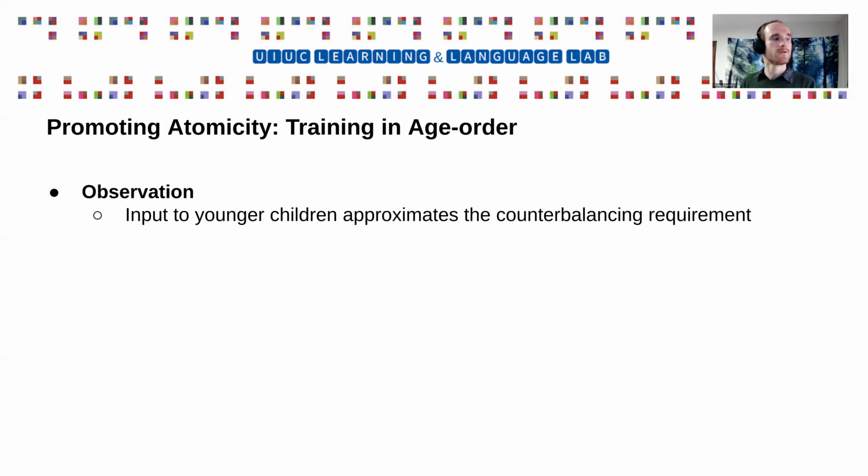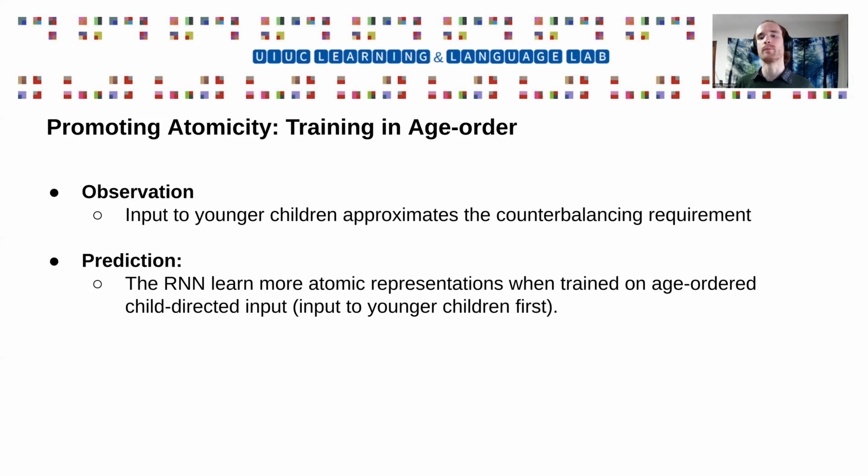This is speculative, but let's look at these results. So the prediction is that the RNN learns more atomic representations of nouns when trained on age-ordered child-directed input, so input to younger children first.